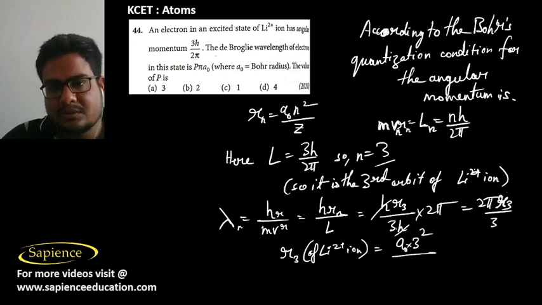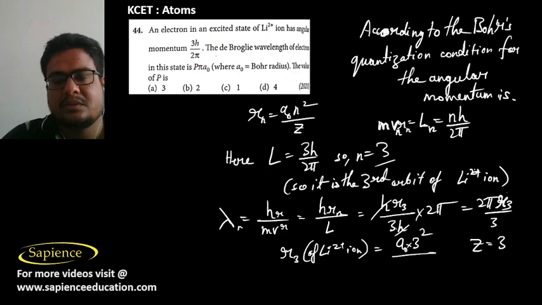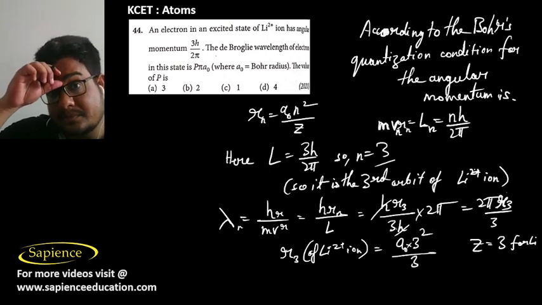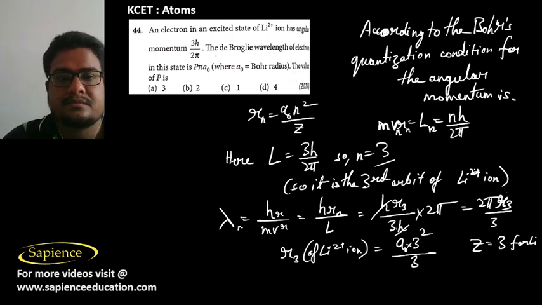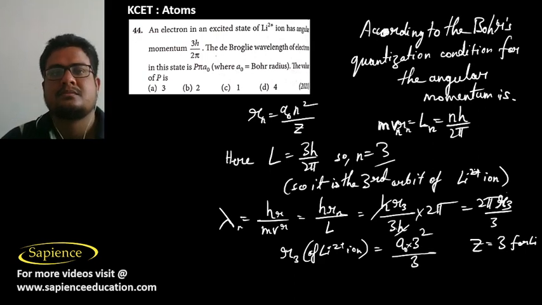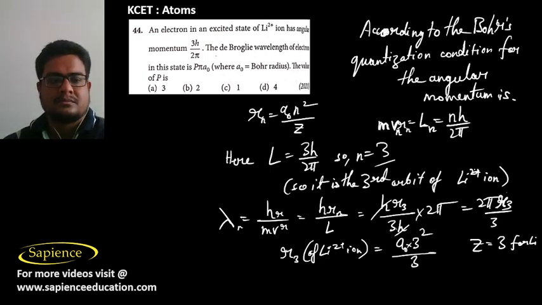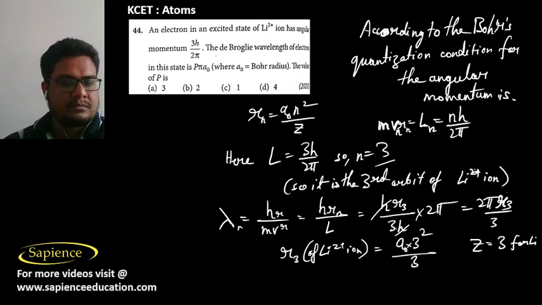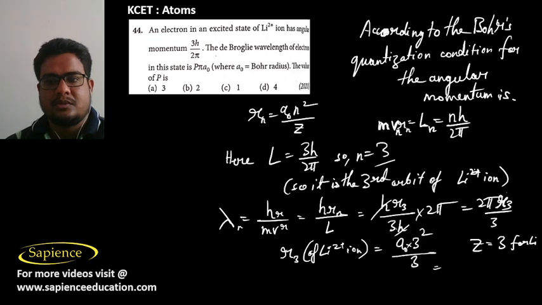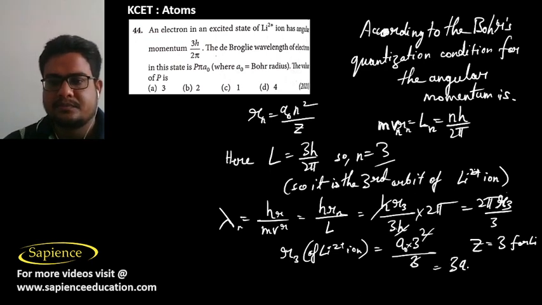So here z is equal to 3 for lithium. So this will be equal to a naught n square by 3, so that is equal to 3 a naught.